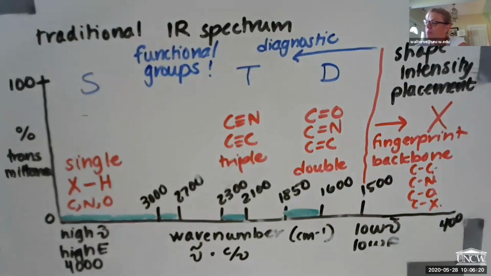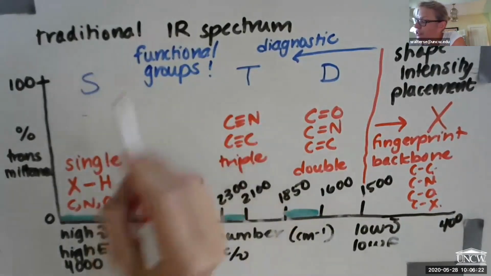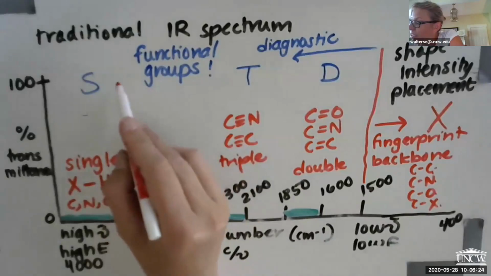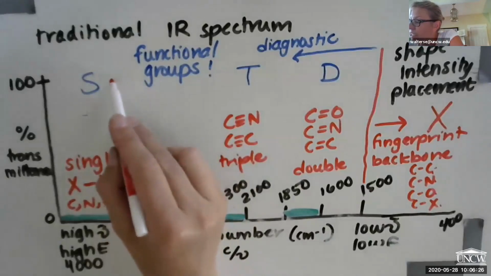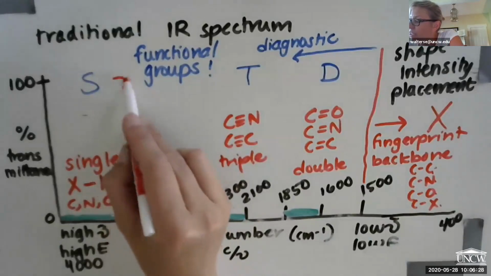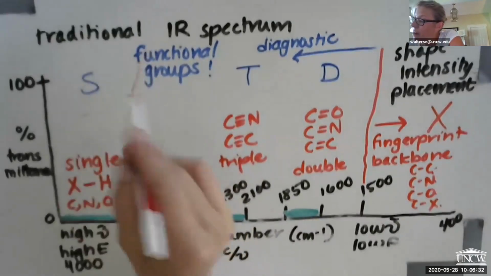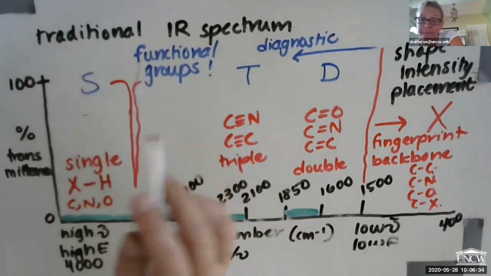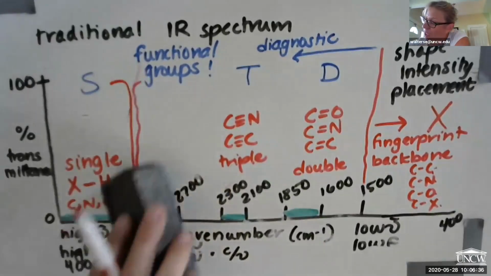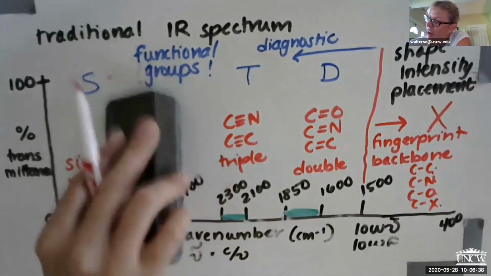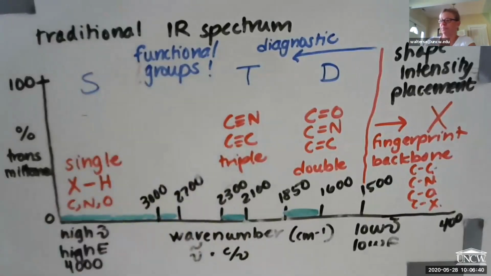All right. Now, some of these features are going to be small, so you might just see a point like that. Some are going to be really big. That's the intensity of the stretch.